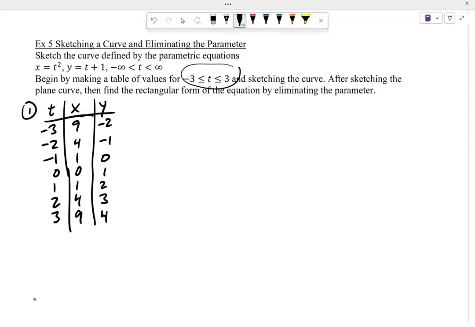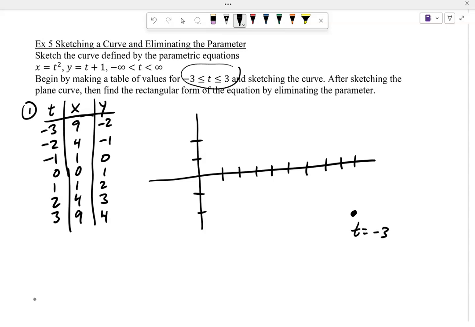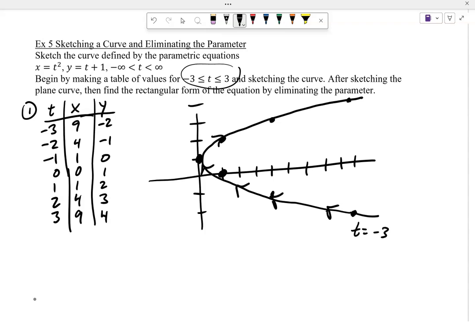I'm going to start with 9, -2 for t being -3, and then I'm going to go to 4, -1, then 1, 0, then 0, 1, then 1, 2, 4, 3, 9, 4, and we can kind of draw this thing. Make sure you put the arrows on the direction of t here.